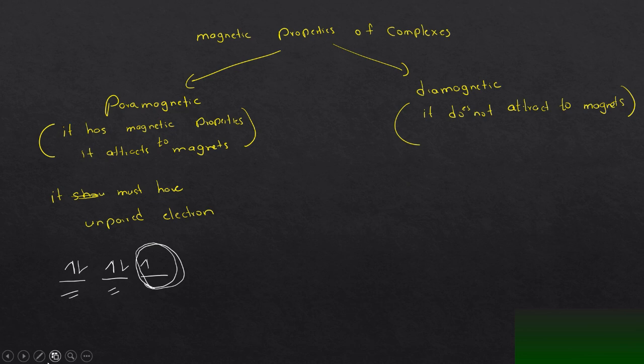So let's move into an example. Let's go for a hypothetical one. There is an M2+ complex, for which the electron configuration of the M2+ metal is given.